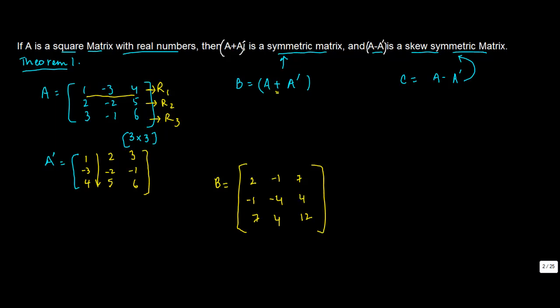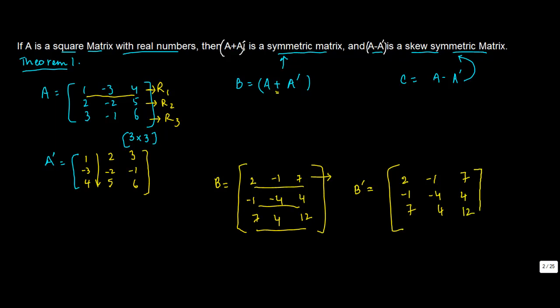Now if B is a symmetric matrix, then B dash should also be equal to B. Let's find out B dash, which is the transpose of B. You get 2 here, you get -1 here, and you get 7 here. Basically converting the first row into the first column, then the second row -1, -4 and 4, and then the third one 7, 4, 12.